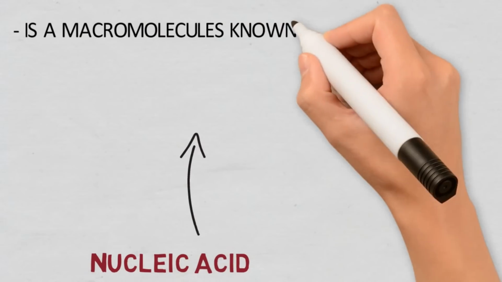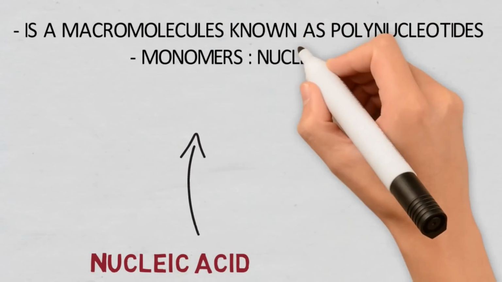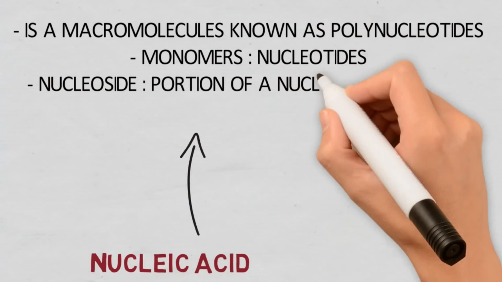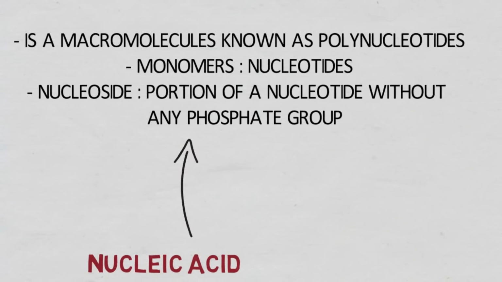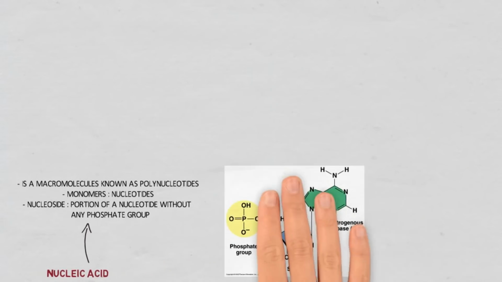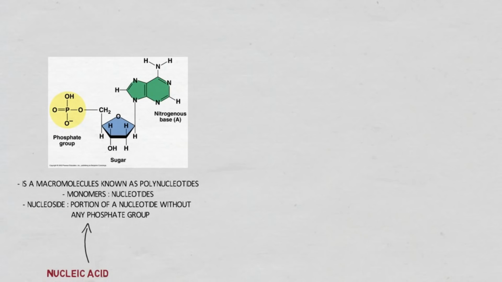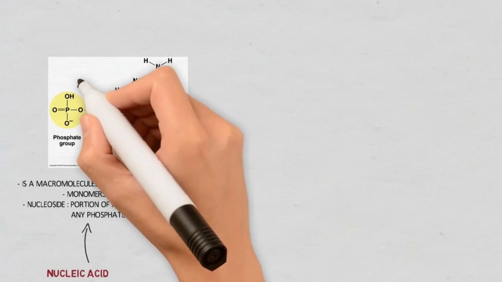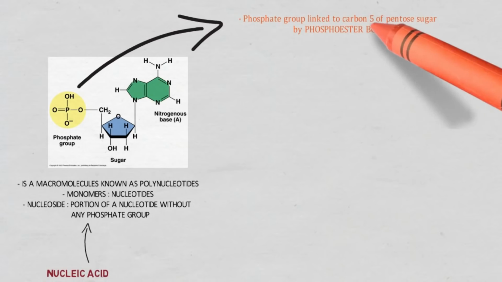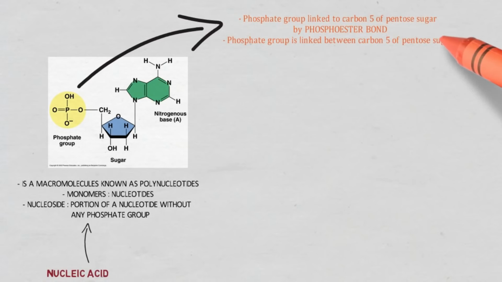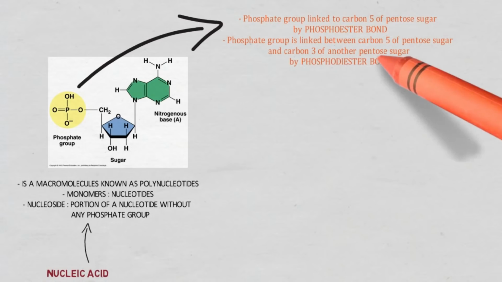Nucleic acid is a macromolecule known as a polynucleotide. The monomer is a nucleotide, while a nucleoside is a nucleotide without any phosphate group. The diagram shows the structure of a nucleotide, which consists of a nitrogenous base, pentose sugar, and phosphate group. The phosphate group is linked to carbon 5 of the pentose sugar by a phosphoester bond. The phosphate group is linked between carbon 5 of one pentose sugar and carbon 3 of another pentose sugar by a phosphodiester bond.